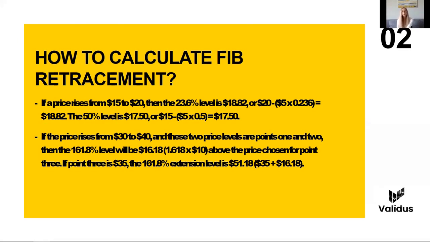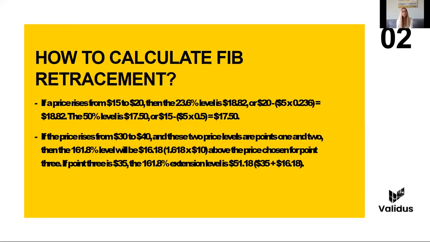Fibonacci extension requires 3 price points on the chart: the start of a move, the end of a move, and then a point somewhere in between, which is equal to a pullback. If the price rises, for example, from $30 to $40, and these 2 price levels are point 1 and point 2, then the 161.8% will be $16.18.